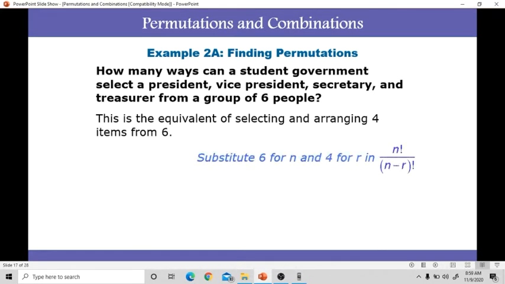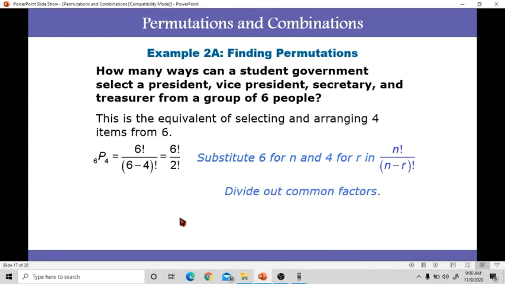Okay, substitute 6 for n and 4 for r in n factorial all over n minus r factorial. Ito yung formula para sa permutation. Okay, 6 taken 4 at a time is equal to 6 factorial all over 6 minus 4 factorial equals 6 factorial all over 2 factorial.